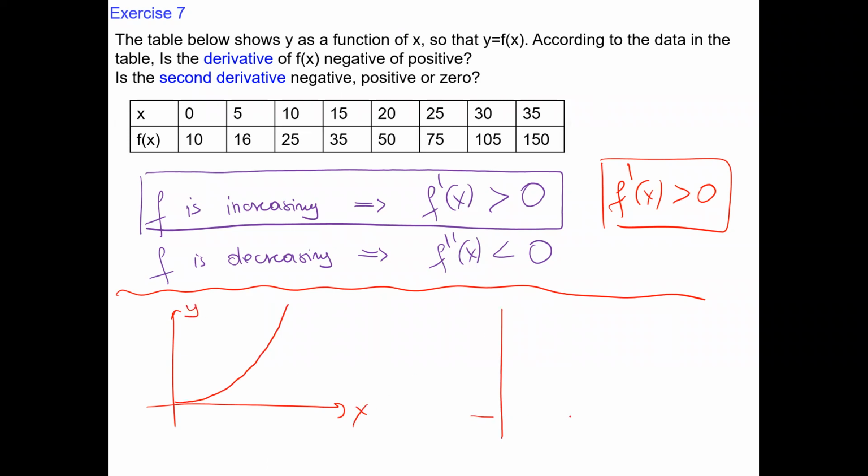I don't know exactly how the function looks because we will not plot it, although we could still plot the points. But let me just draw it because I know that the function is increasing. That means I draw this increasing one, this is concave up, and that's concave down.